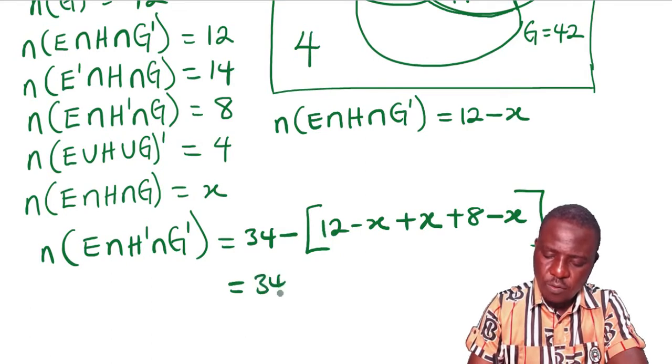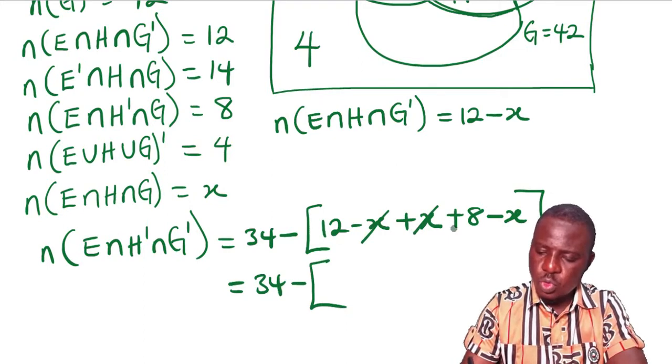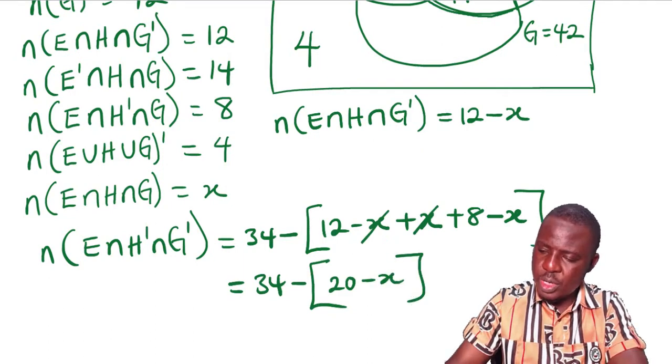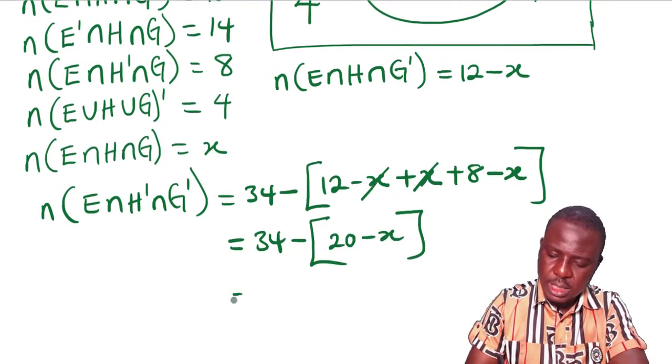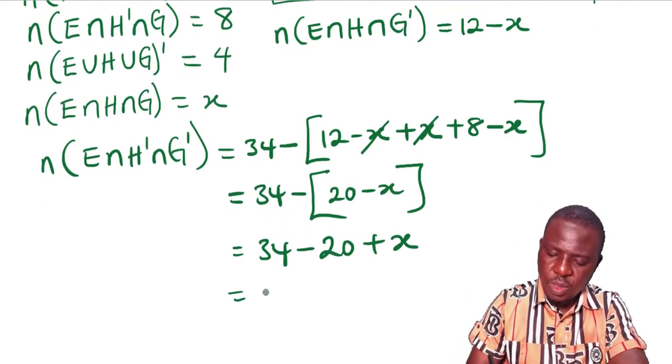This becomes 34 minus, x plus x is 0, so 12 plus 8 is 20 minus x. When you expand this, it is equal to 34 minus 20 plus x, and that gives us 14 plus x.